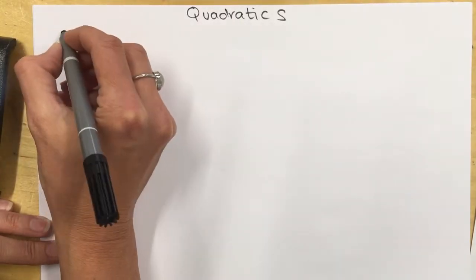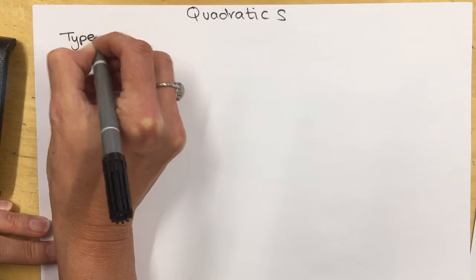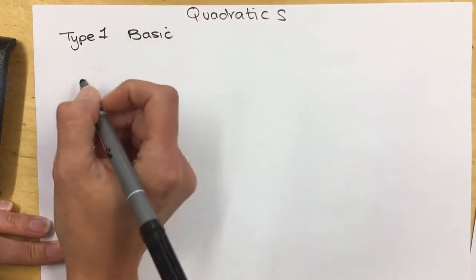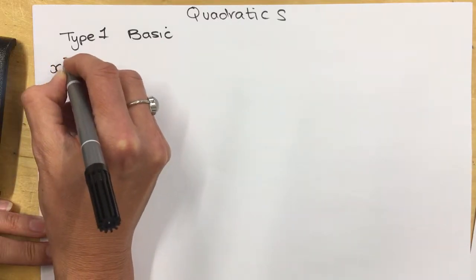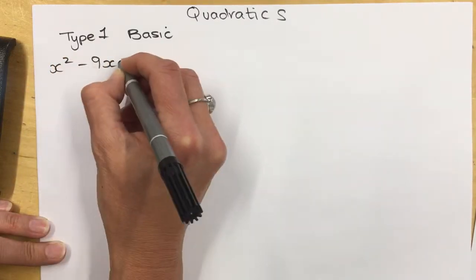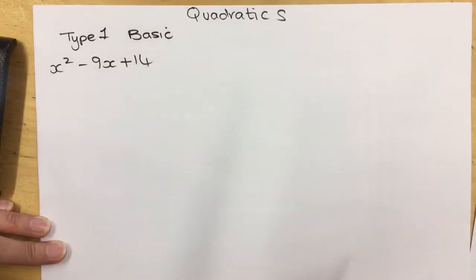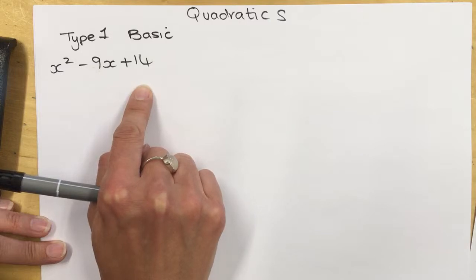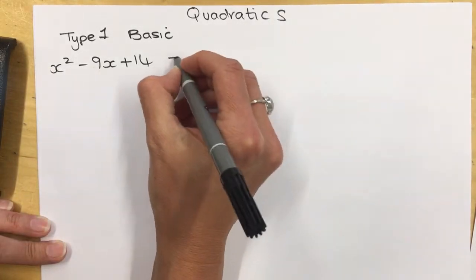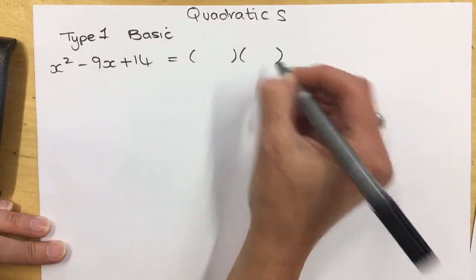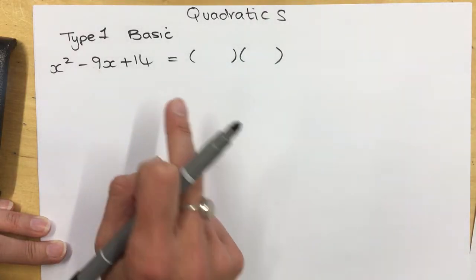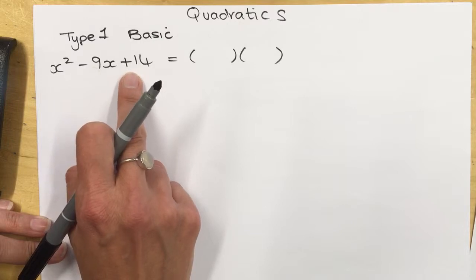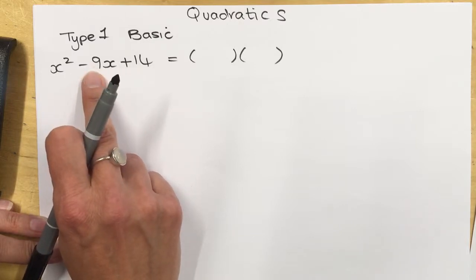This is talking about the different types of quadratic. So we have type number 1, which is the basic type, which are quadratics of this form where you have all the 3 terms, so the term in x squared, the term in x, and the constant. And when you have one like that, you have a double set of brackets, and remember the basics are multiply 2 numbers together to give you this number plus 14, add together to give you the minus 9.